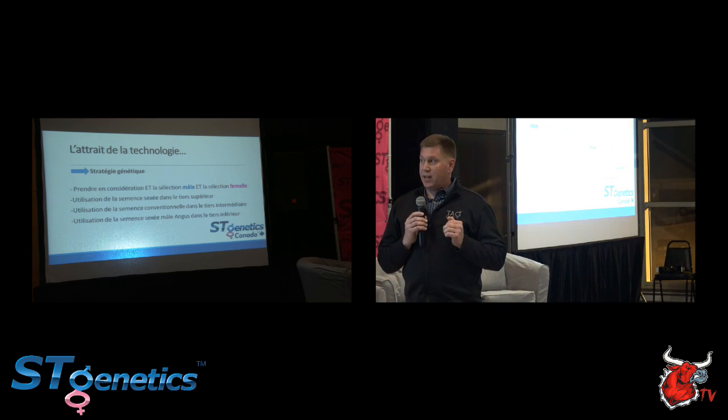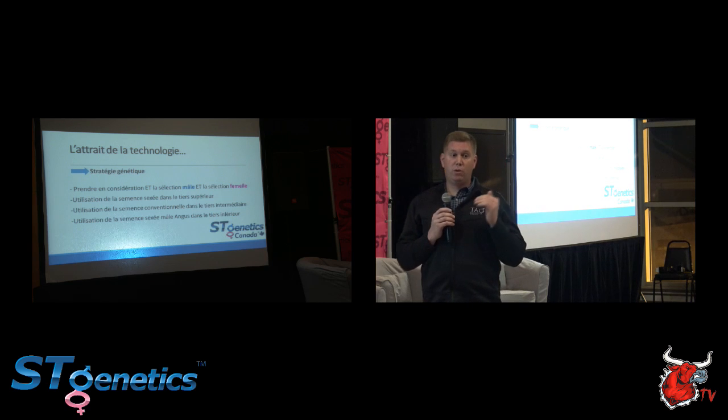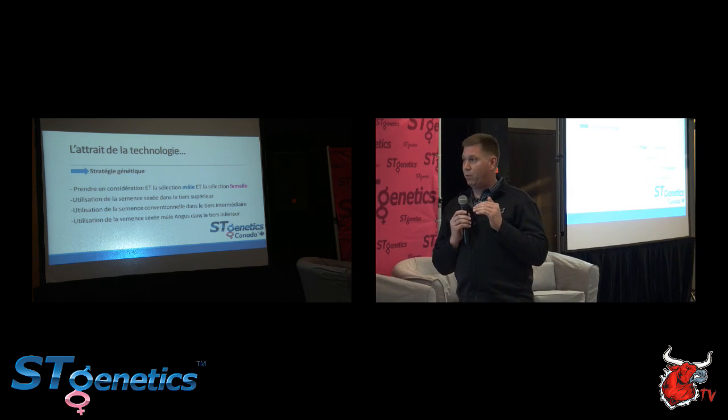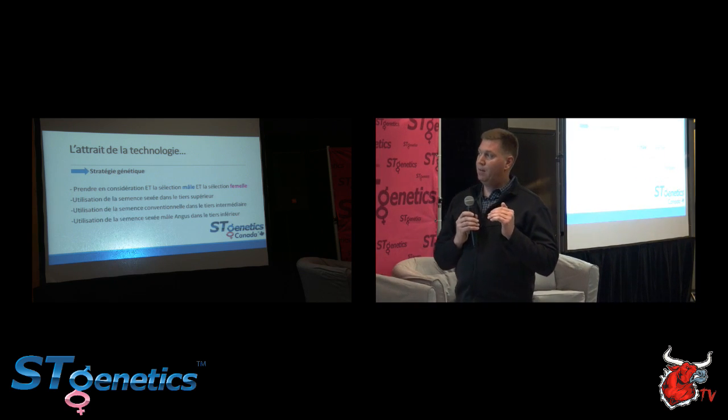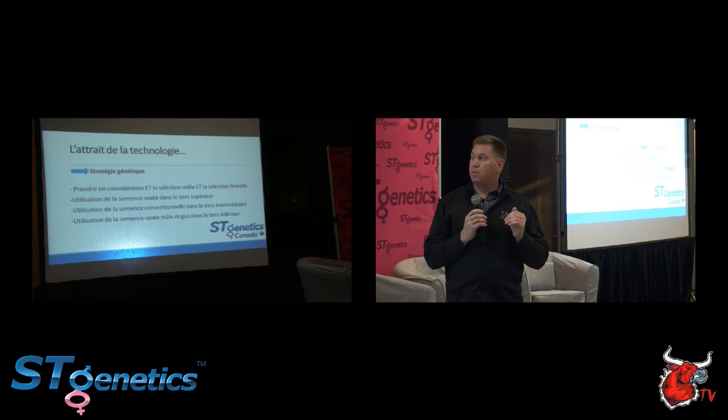So in terms of strategies, we want to take a good consideration of both the male and the female. Who do we want to be born male and who do we want to be born female? We're going to use the sexed semen in multiple tiers, but we're really going to put the sexed semen in the superior.